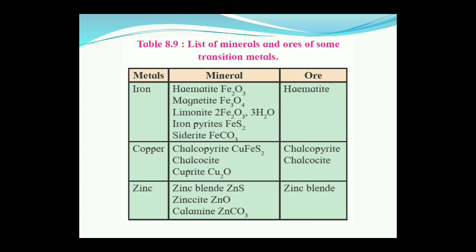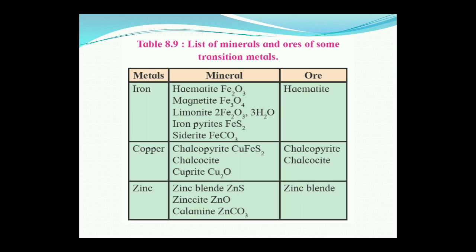But the ore is hematite, the first one. Because as I told you in the definition, ore is the mineral itself, but where the percentage of metal is more and which can be extracted economically. That is ore. So, out of these minerals, generally hematite is used for extraction of iron. In the same way, copper has a few minerals such as chalcopyrite, chalcocite, cuprite, which is an oxide of copper, of which the ore is chalcopyrite.